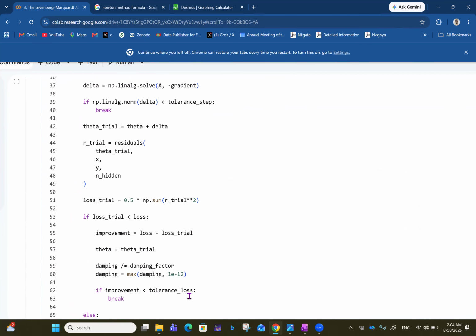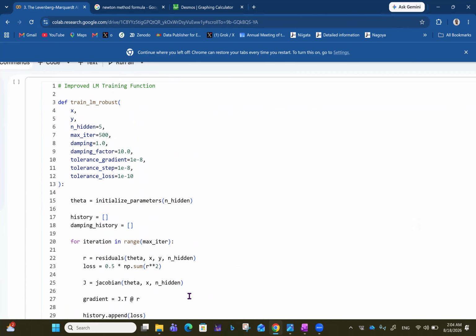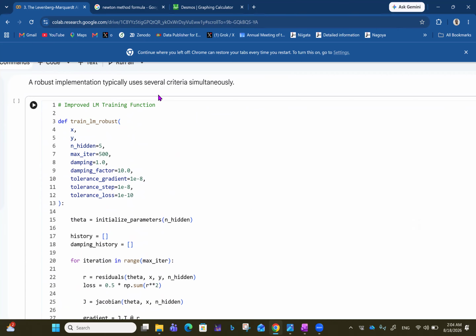So imagine a full situation here now. Improved Levenberg-Marquardt training function. You define train_lm_robust, so you have a robust one. You have X, Y, hidden 5, maximum iterations 500, damping 1.0, damping factor 10.0, tolerance gradient 10 to the minus 8, tolerance step 10 to the minus 8, then tolerance loss 10 to the minus 10.